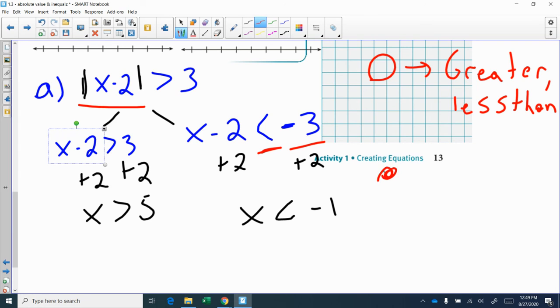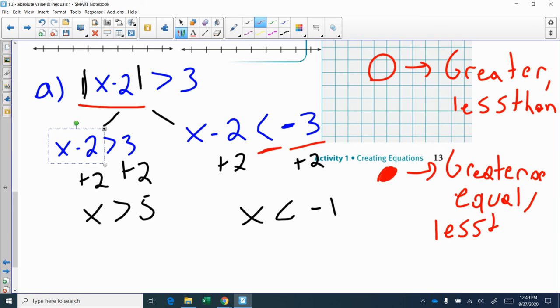A closed circle, so if I do a closed circle on the number line, that's going to represent greater than or equal to, or less than or equal to. Okay? And that's kind of the first key concept to remember.